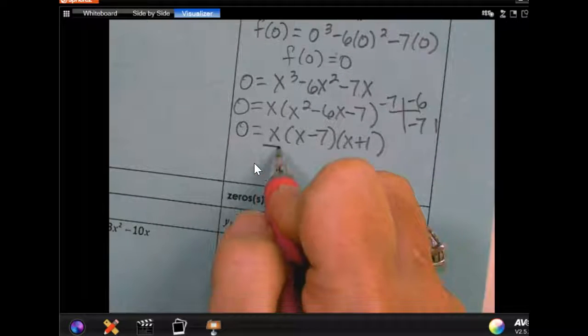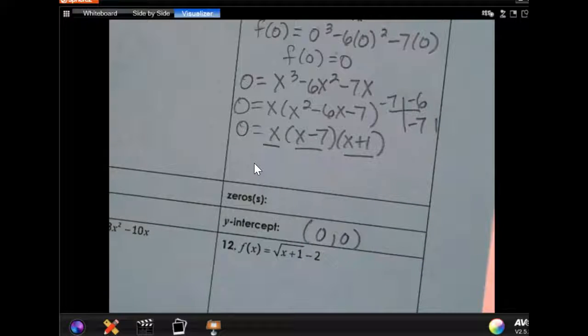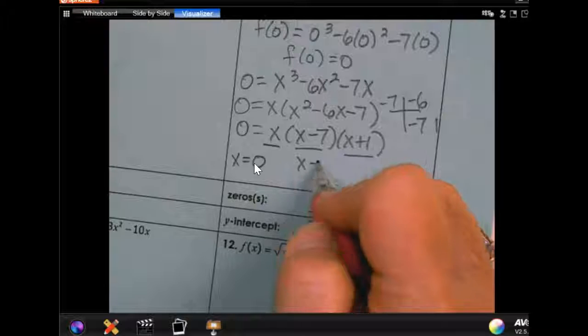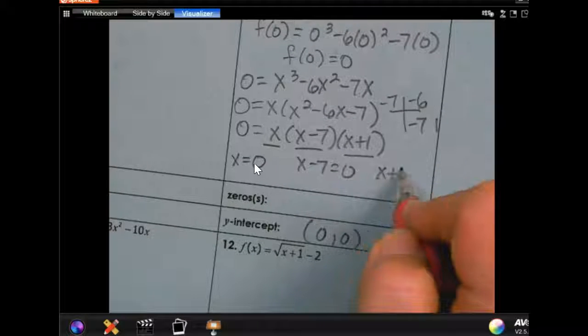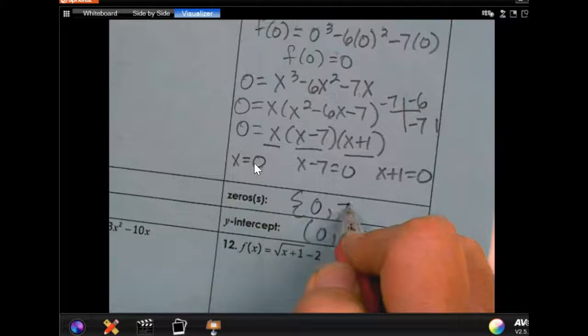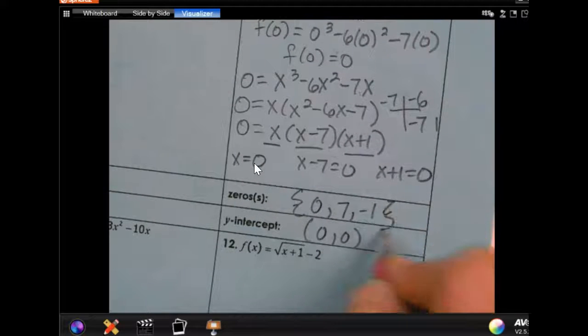So I have to set each of these equal to 0. So I get x equals 0. So my zeros end up being 0, 7, and negative 1.